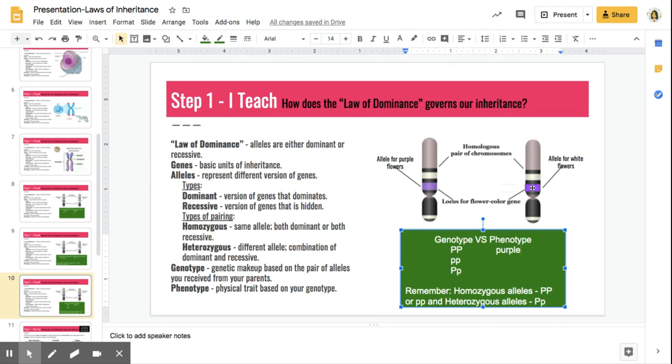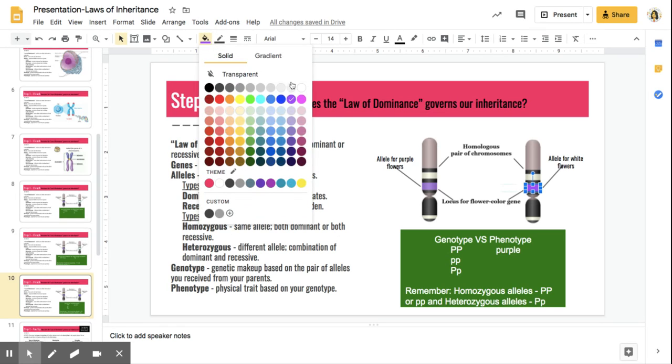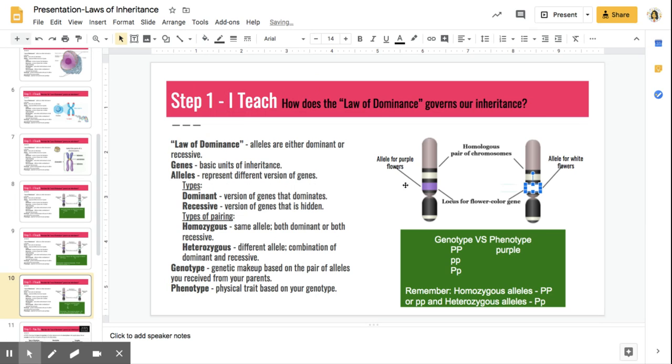But if the genotype is homozygous recessive, the allele present is white, which is a recessive allele, then there is no way that the color of the flower would be purple. Automatically, it would be white, right? So if the alleles present in this locus are both recessive allele, which is white, then the color of the flower will be white.